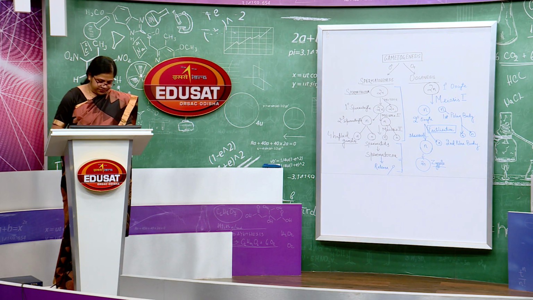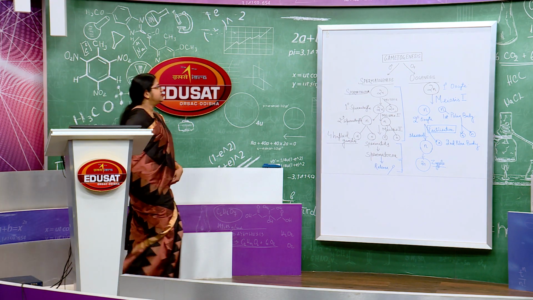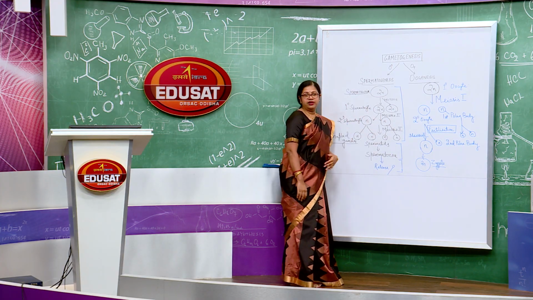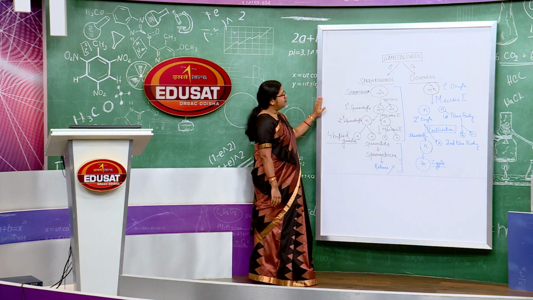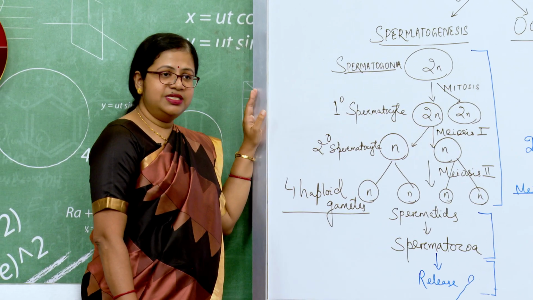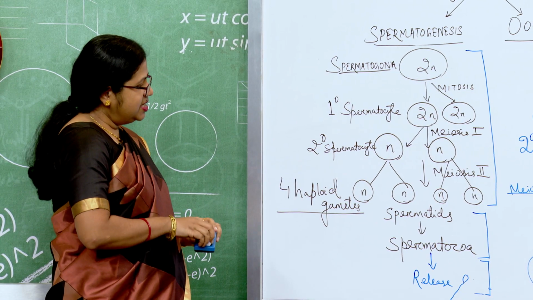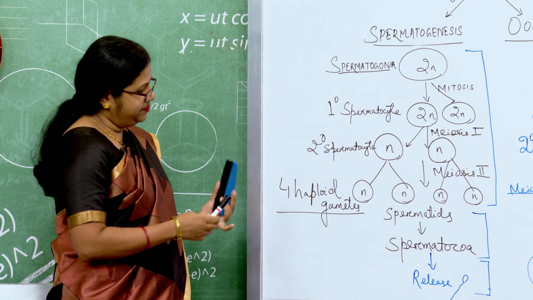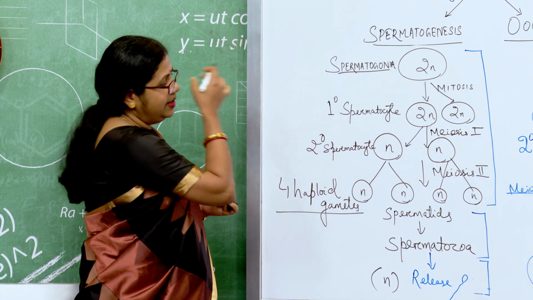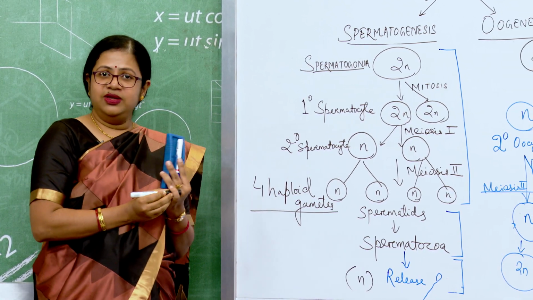Now coming to a comparative account of the spermatogenesis that we have already discussed and the oogenesis that we just covered. In the diagram we can see the stages where haploidy and diploidy numbers are maintained, and how the spermatogonial cell forms the mature sperm, which is haploid in number. Here in oogenesis the primary oocyte finally gives a secondary oocyte.